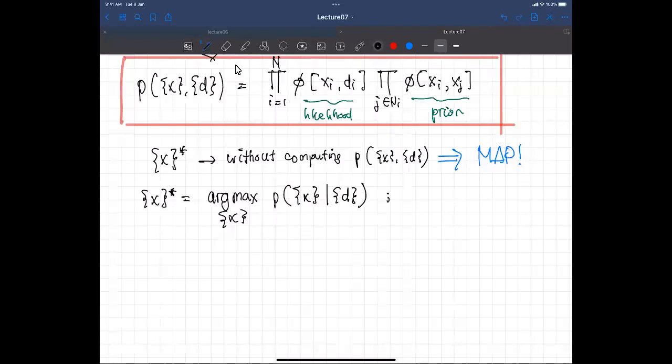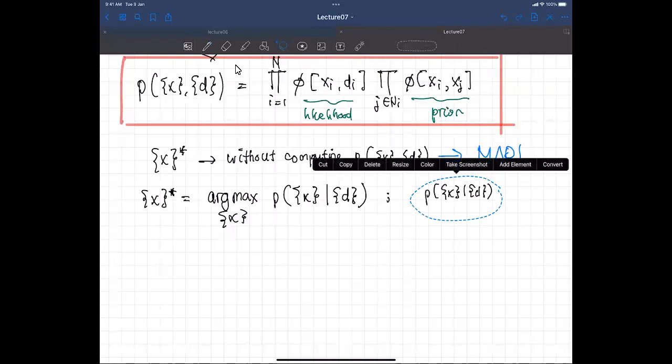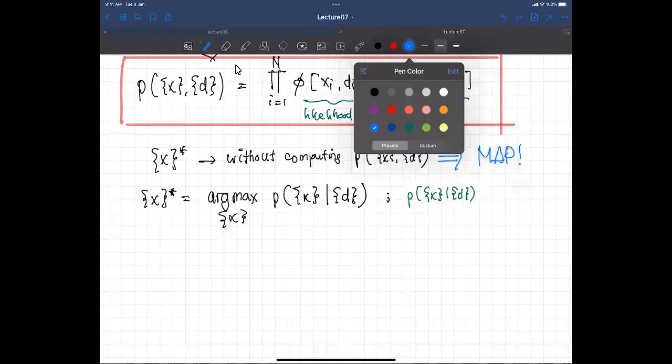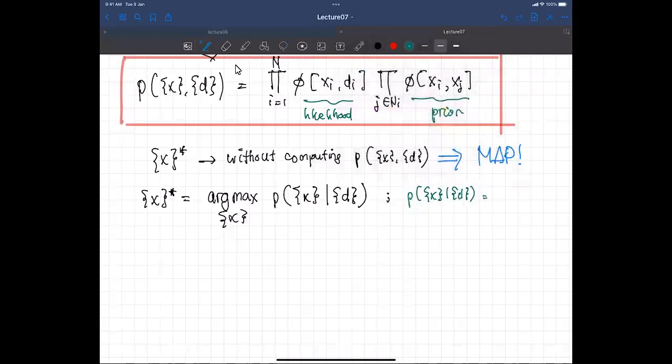So posteriori is actually P of X given T, which, using Bayes rule, equals P of X and T divided by P of T.